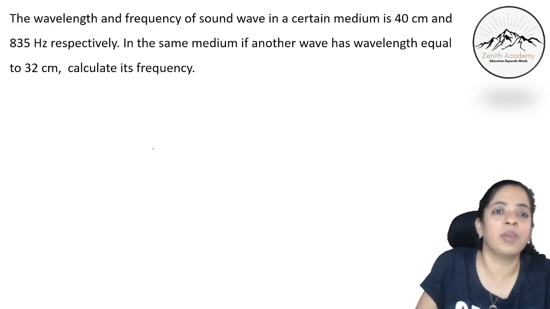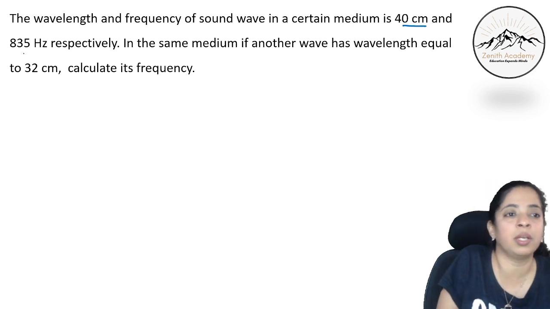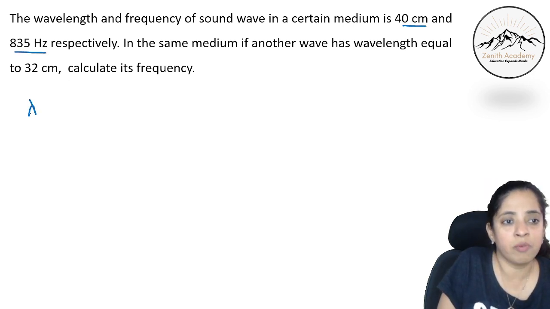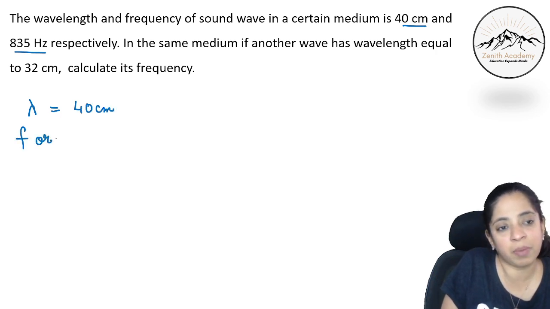Now, the wavelength and frequency of sound in a certain medium are 40 centimeter and 835 hertz. So wavelength is 40 centimeter and frequency is 835 hertz. Frequency can be represented by this symbol or this symbol.